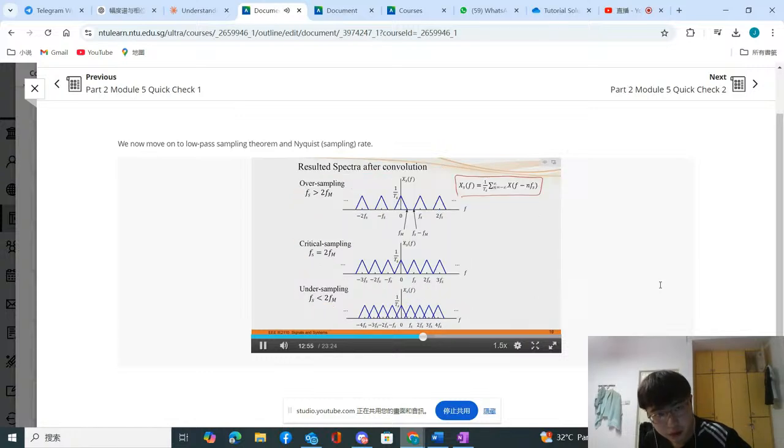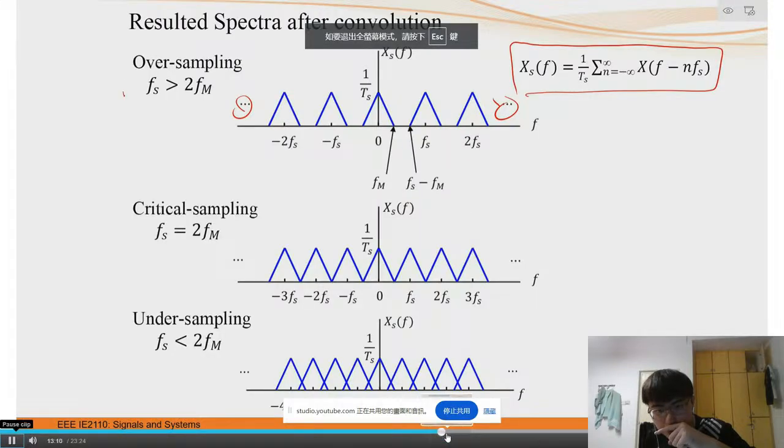And then likewise, you have one at 2Fs and one at minus Fs and minus 2Fs and so on and so forth. So this actually extends to infinity. Okay, so many copies. So this is for the first case.